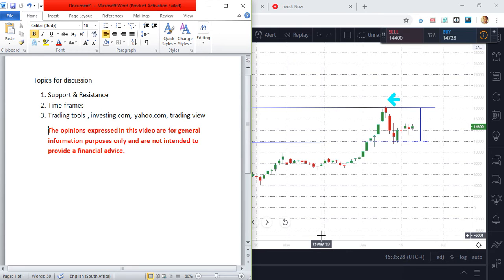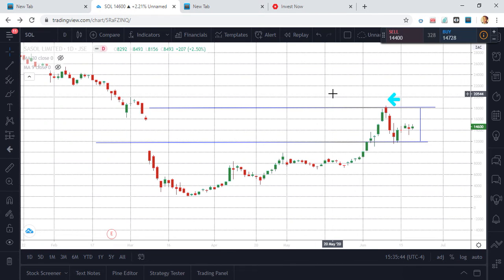On point 3, you need to have these tools. Investing.com will be the same as Yahoo Finance. On Yahoo Finance you get the charts, and if you are trading shares, it gives you details of the company, the earnings per share, and the PE ratios.